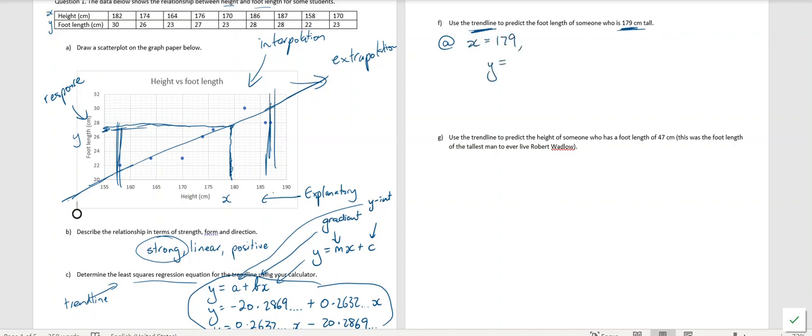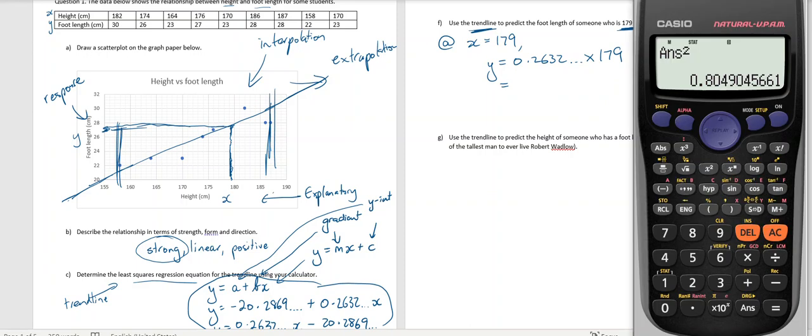And we're going to stick it into the equation. Now, I'm sticking into the bottom one, so 0.2632, it doesn't matter because they're both the same equation, but that number going on and on times by x, so we've got an x of 179 minus 20.2869. And that we can just stick in on the calculator.